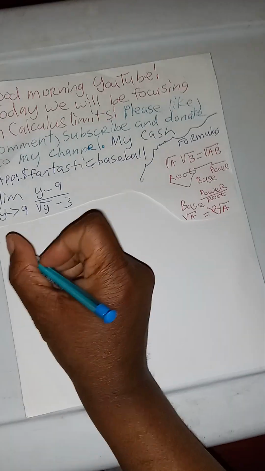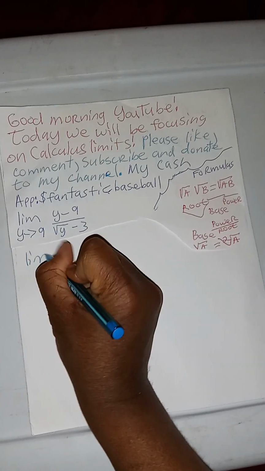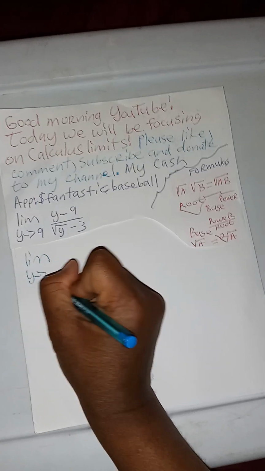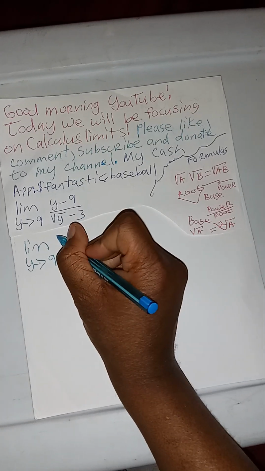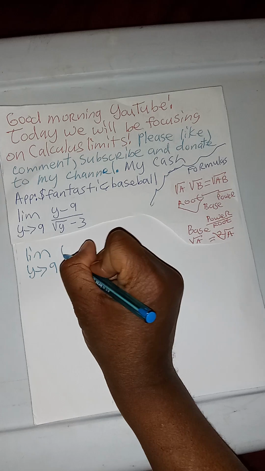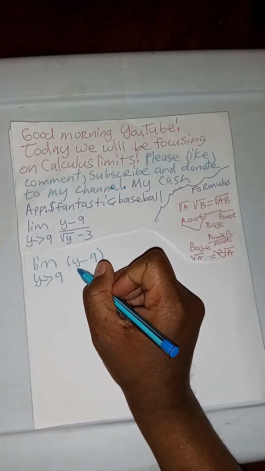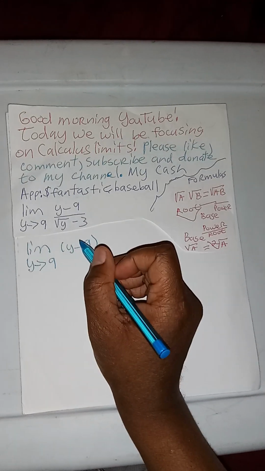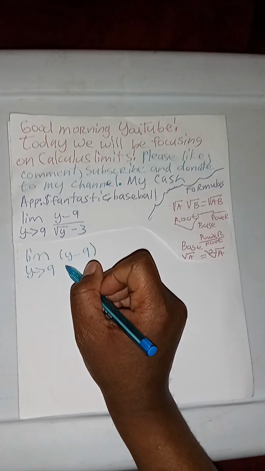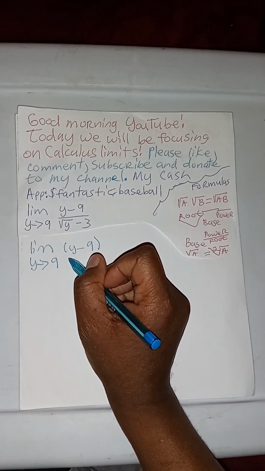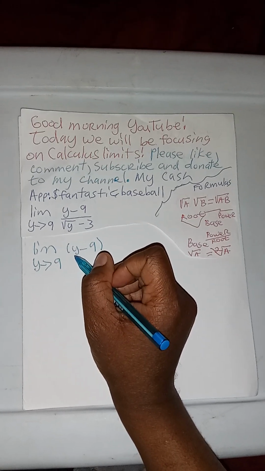Let's get started. So the limit as y approaches 9 of y minus 9, and we need to incorporate parentheses in the numerator and denominator because there are more than one term, and we will be multiplying by two terms at a time.